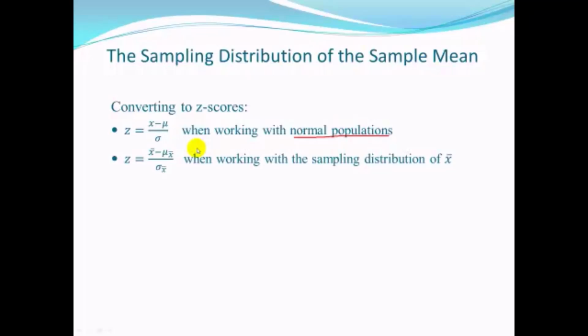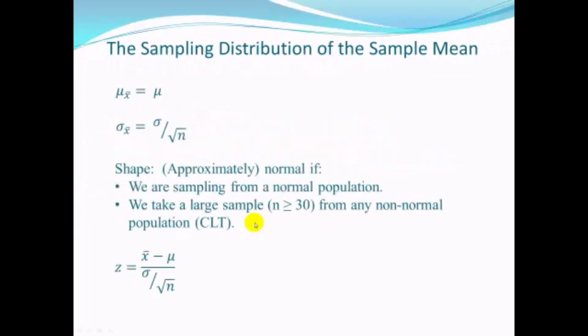We subtract off the mean, we divide by the standard deviation, except now we're working with the standard deviation and the mean of the x bars. And so what you see is the new z-score. And then notice these two z-scores. Look at this one up here, and look at this one. You can see the numerator, subtract off the mean. It's the denominator. It's the sigma over the square root of n in the denominator. That's different.